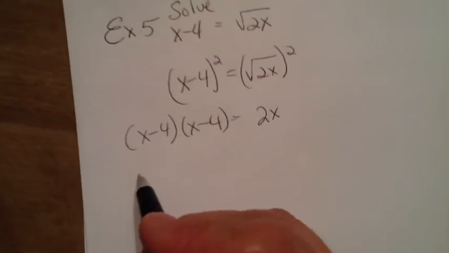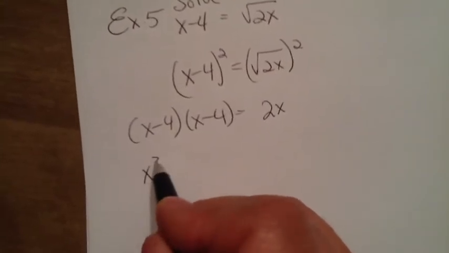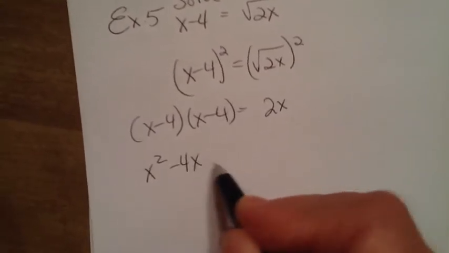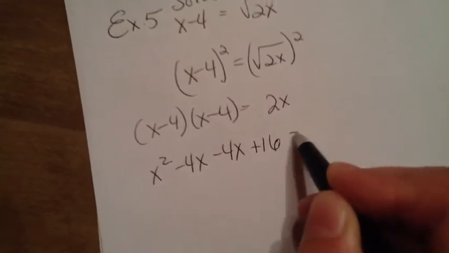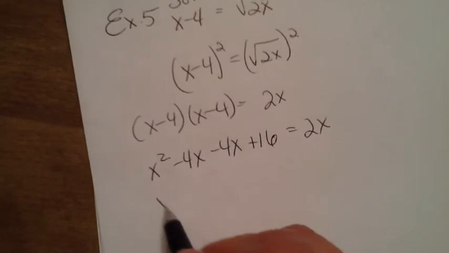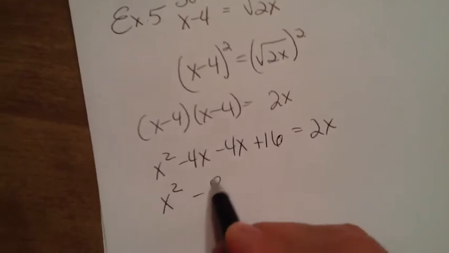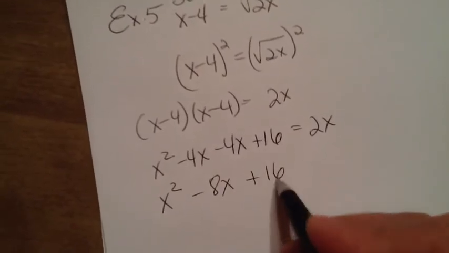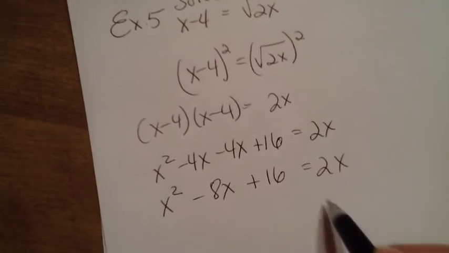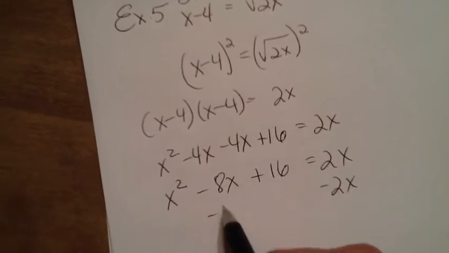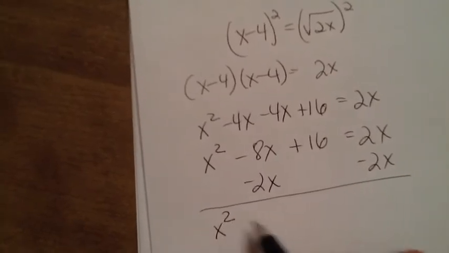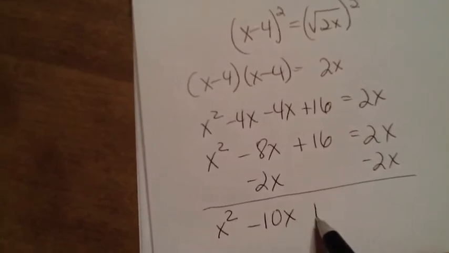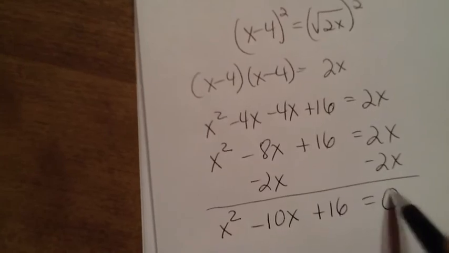So what I'm going to do is FOIL this. X squared minus 4x minus 4x plus 16 equals 2x. X squared, add like terms. And I need to subtract 2x. Now I have x squared minus 10x plus 16 equals 0.